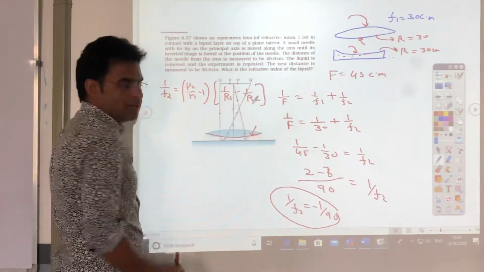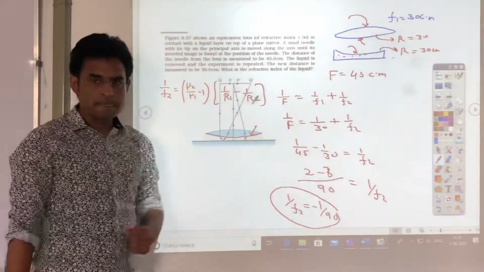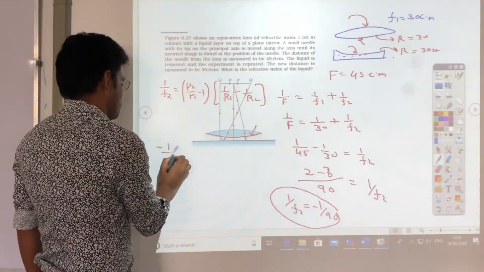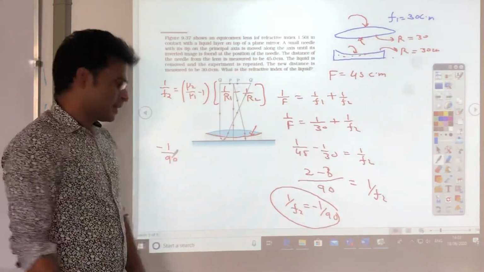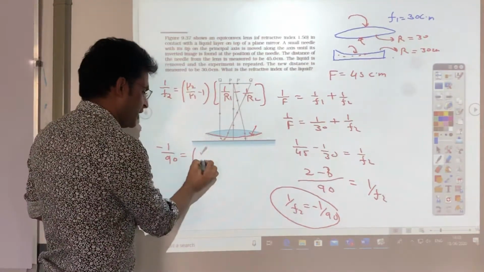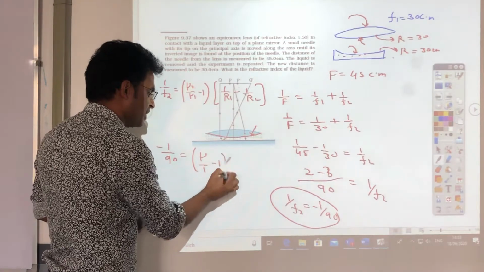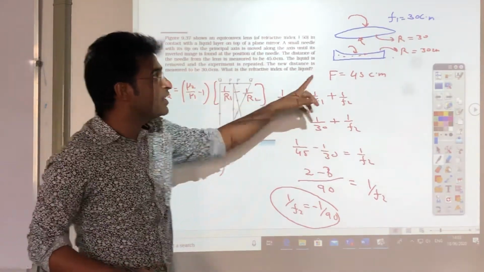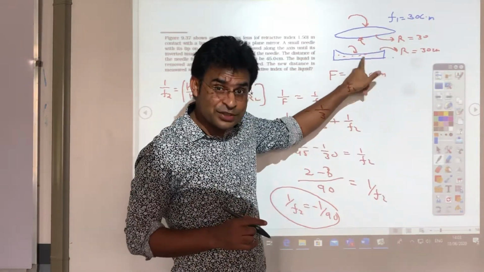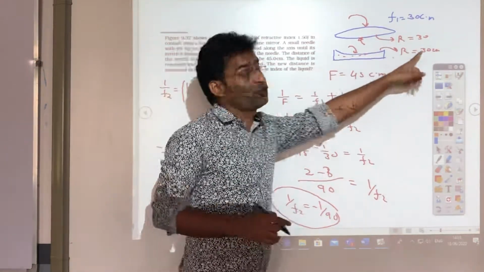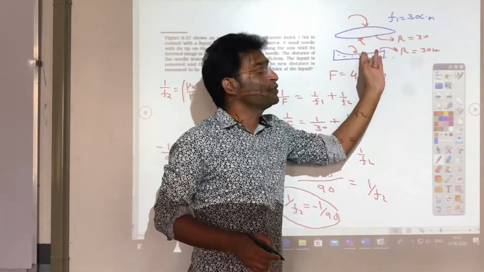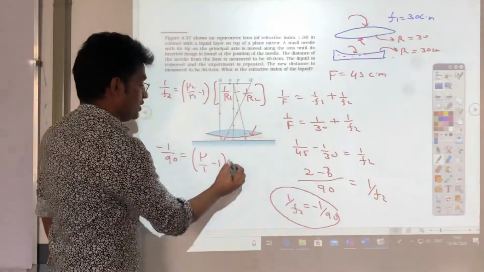Here 1 by f2 is minus 1 by 90, and mu2 I need to calculate, mu1 is 1. r1 is the radius of curvature, I am talking about the second lens right now, this plano concave lens. It means the radius should be minus 30. Why minus 30? Because the center of this curved surface is upward.